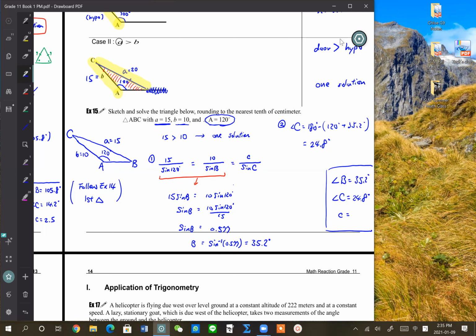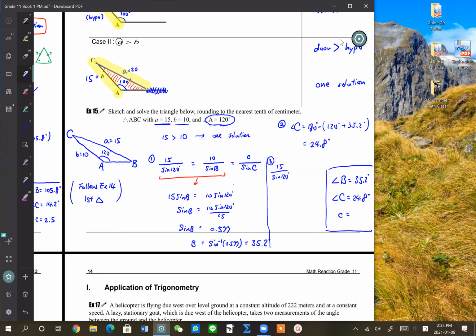Okay, last part is to set up the pair again. Find the missing side C. Remember to use the original pair, the first pair, 15 to sine 120. It's better because there's no rounding.